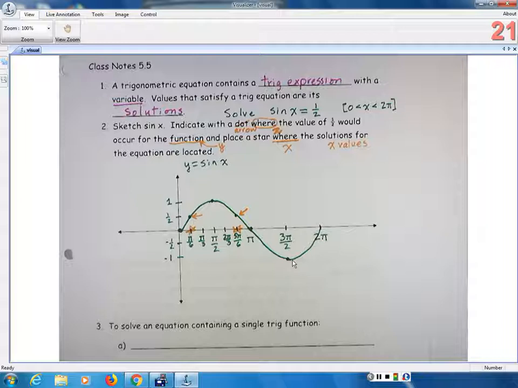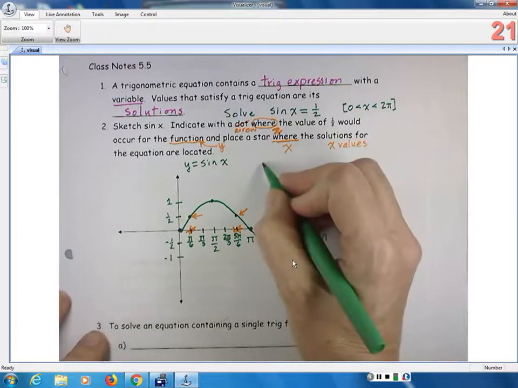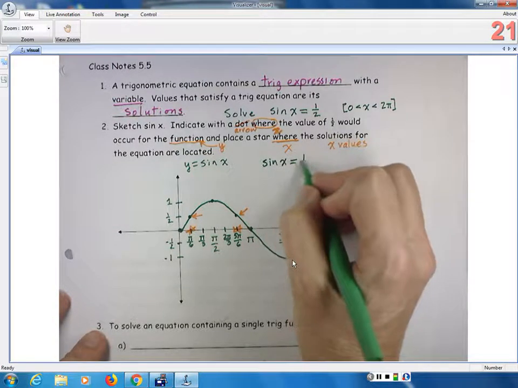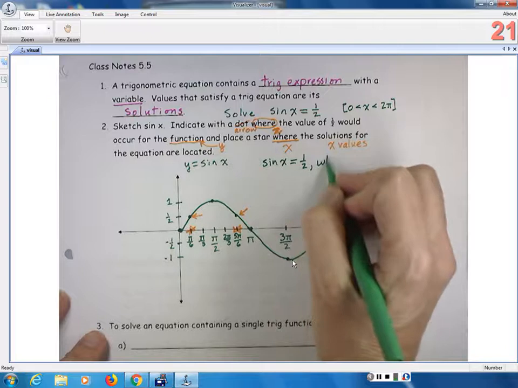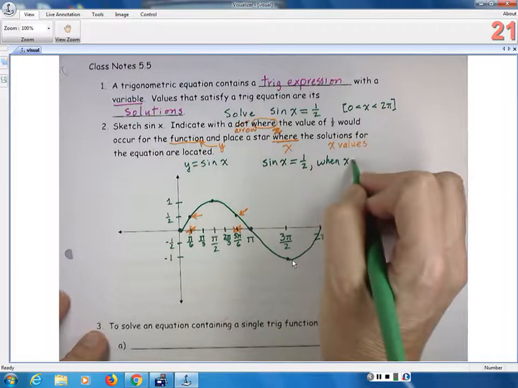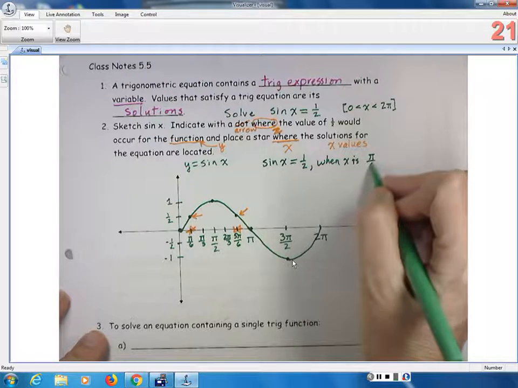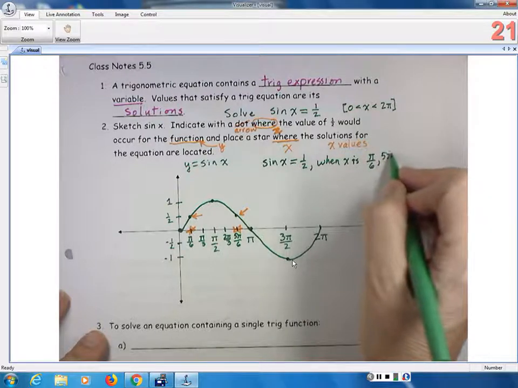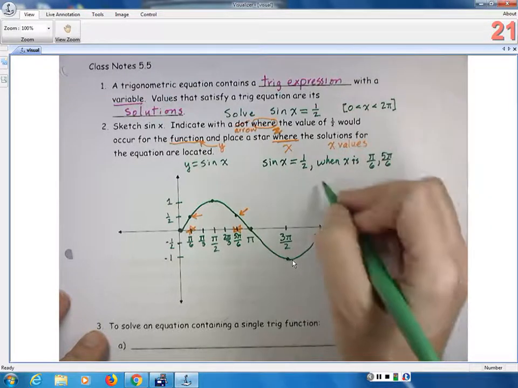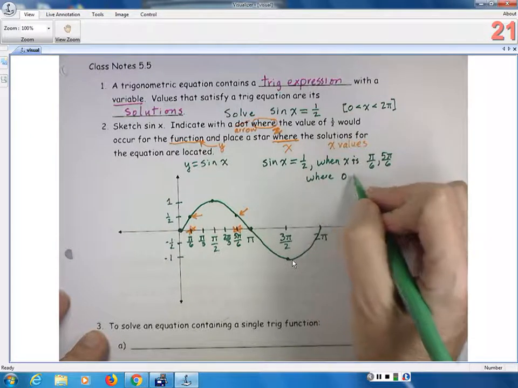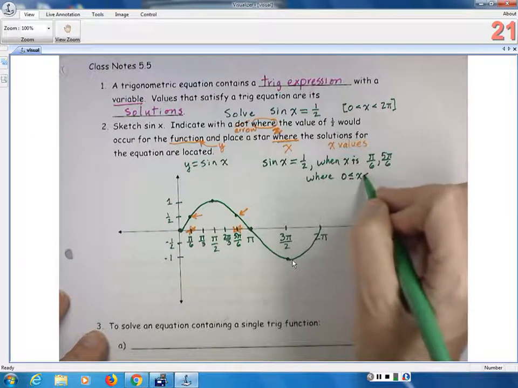All right, so the solutions, graphically, we can see that sine of x equals 1/2 when x is pi over 6 and 5 pi over 6, where x is between 0 and 2 pi, including the endpoints.